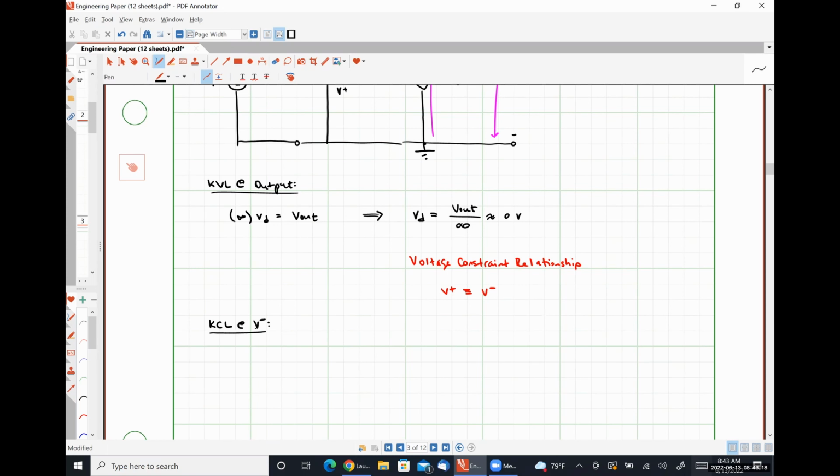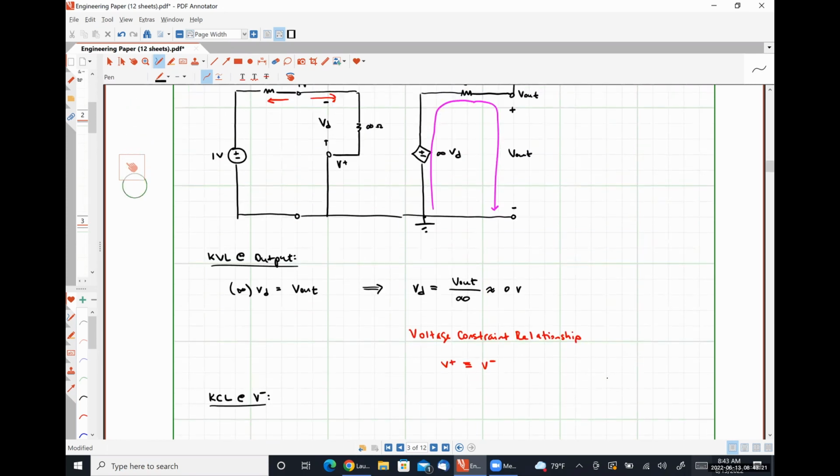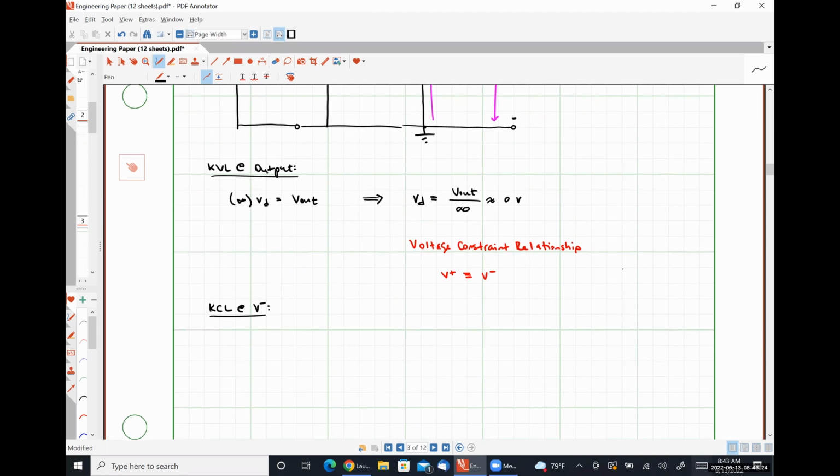the inverting input node is going to give us (V minus 1 volt) over 5 kilo ohms, or R1, plus (V minus V out) over 10 kilo ohms, plus V minus over infinity ohms is equal to 0.